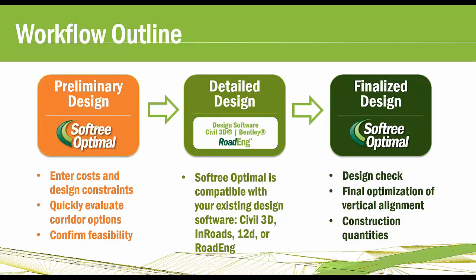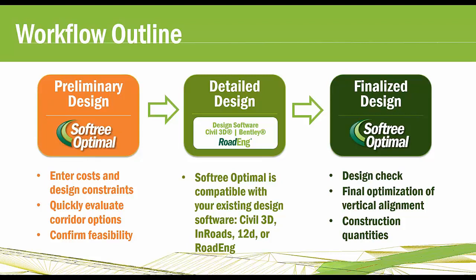So the ability to generate an optimal vertical alignment has benefits both at the beginning and at the end of the design process. At the beginning, Softree Optimal can be used for feasibility checking in the preliminary design stage. It can also be a means for quantitatively comparing multiple design variables at the preliminary design stage to determine the lowest cost options or baseline starting point before getting into detailed design.